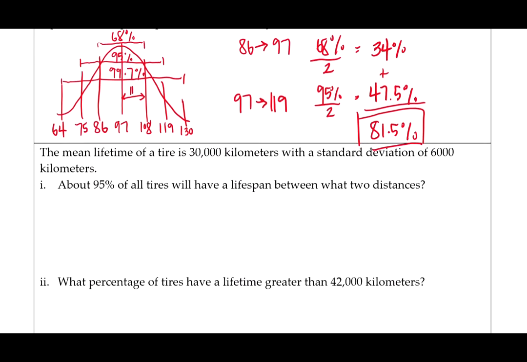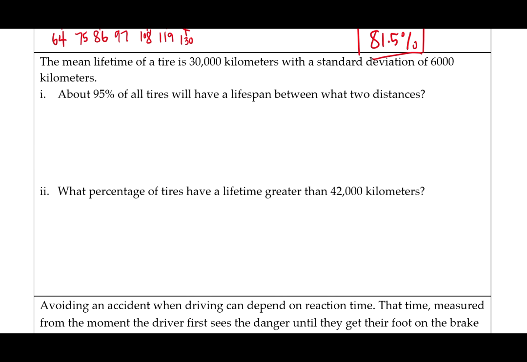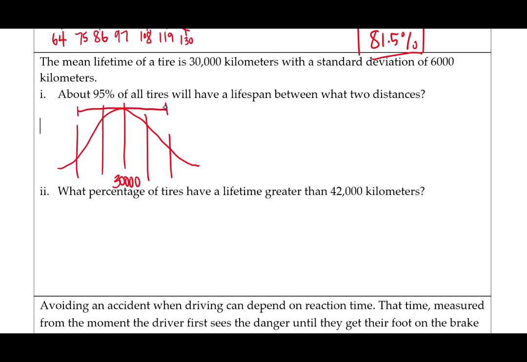Let's look at another example. The mean lifetime of a tire is 30,000 kilometers with a standard deviation of 6,000 kilometers. About 95% of all tires will have a lifespan between what 2 distances? So I'll draw my bell-shaped curve again. That wasn't very pretty. Let's try one more time. Maybe a little bit better. In the middle, I'm going to put the mean, which is 30,000. 95% I know is within 2 standard deviations from the mean.